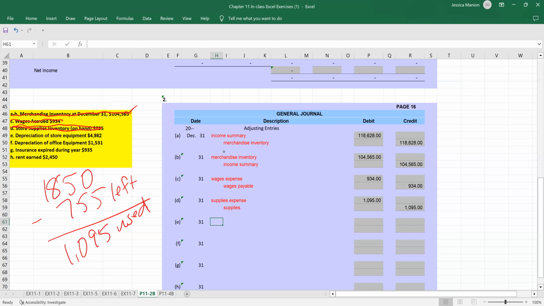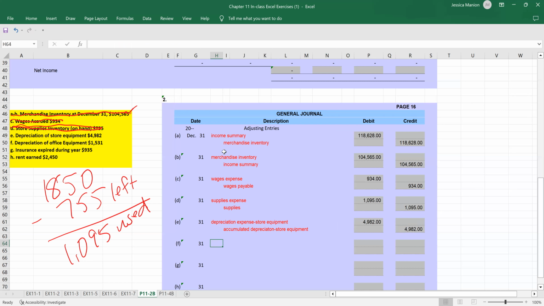The next two are depreciation. Letter E is depreciation of the store equipment. Letter F is depreciation of the office equipment. Similar entries, debit depreciation expense for store equipment first, 49.82. Credit accumulated depreciation for the store equipment 49.82.